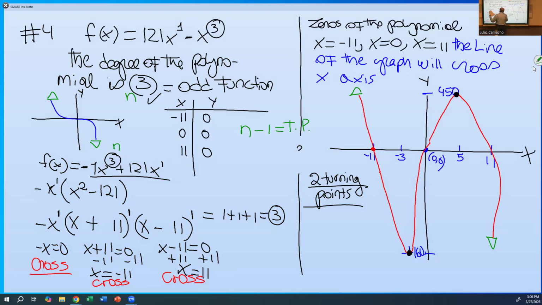And the degree of these polynomials is 3. So 3 minus 1 is equal to 2. And that matches exactly what we found in the graph. There are only 2 turning points in this graph.